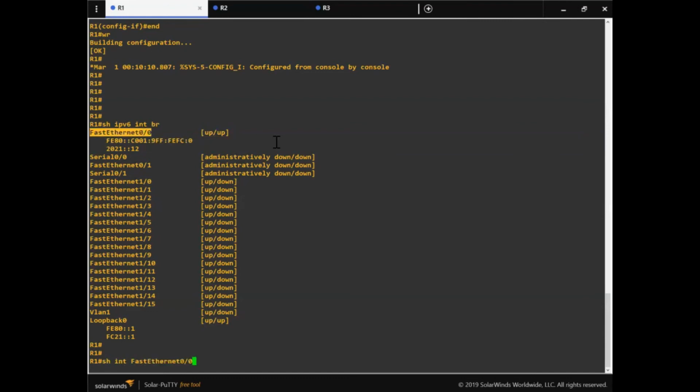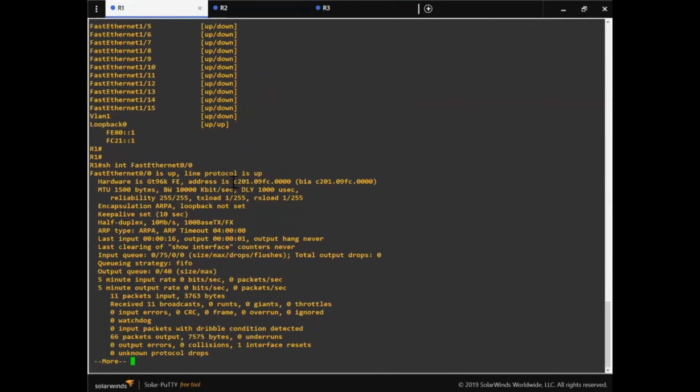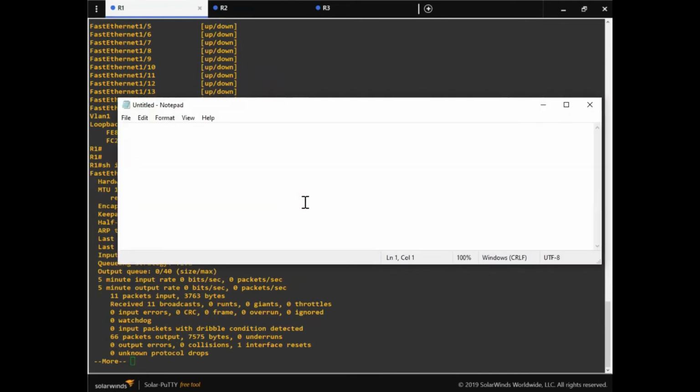Show interface FA0/0. If you check it, you can see this is your MAC address. Let me go to the notepad, put this MAC address, and let me see the link local start with FE80.